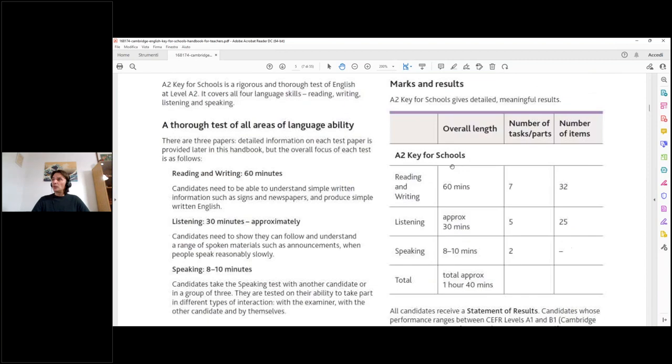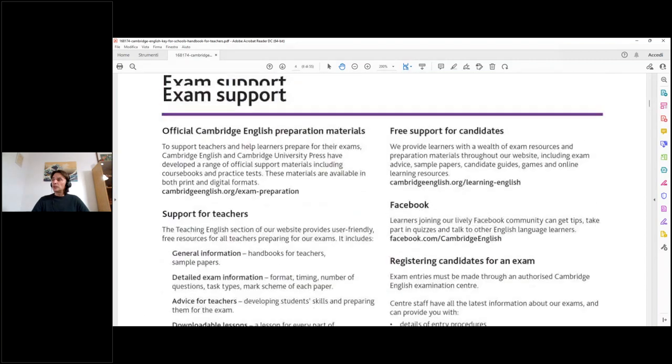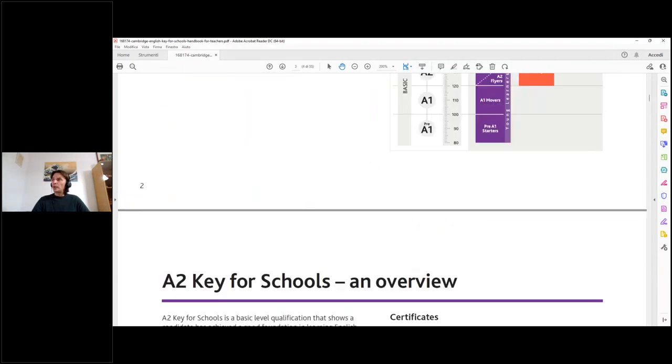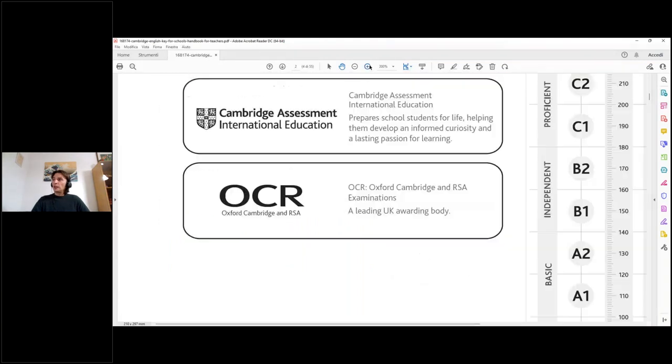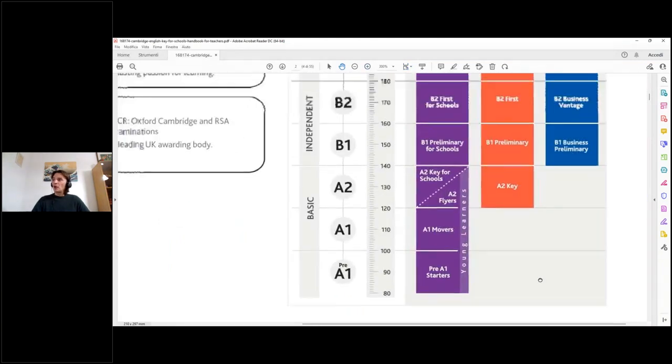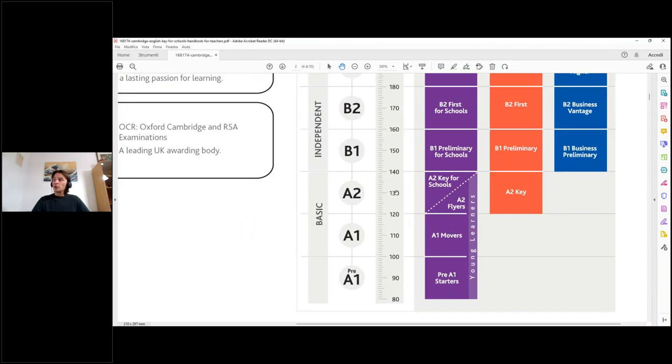Why am I saying this? Because in the end, if we go back right here to the scale, we see that according to how many points we got, we have to add the reading and writing exam to the listening exam and the speaking exam to get the final score for our exam.